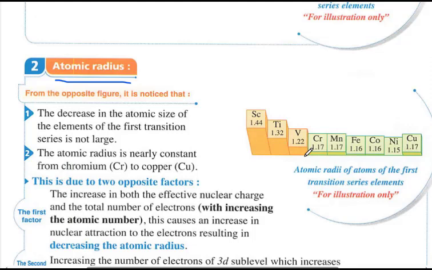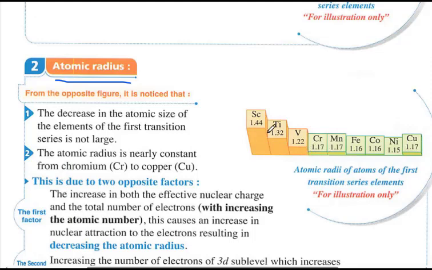The effective nuclear force causes the volume to decrease, and the repulsion between electrons in the orbitals causes the volume to increase. So the increase of the volume because of the repulsion between the electrons in the d sublevel offsets the increase in attraction force because of the increase in the effective nuclear charge from left to right.